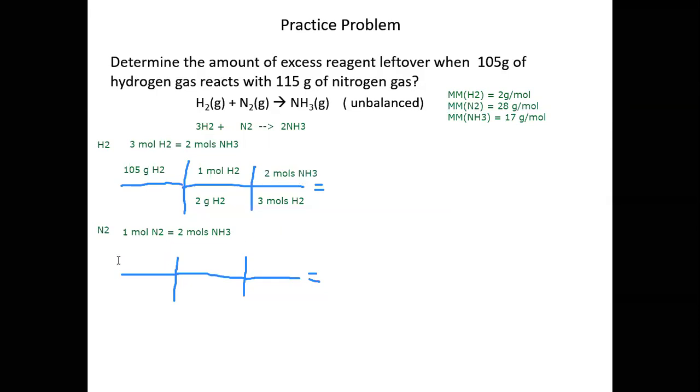We're going to do the exact same thing, but with nitrogen. So we start with the mass of nitrogen, convert it to moles, and then convert it to moles of ammonia. Notice we're doing the exact same thing for both. We'll just put in different numbers for each.